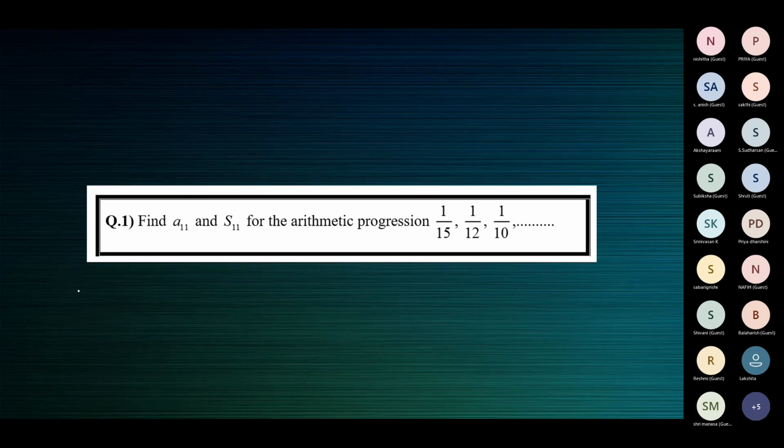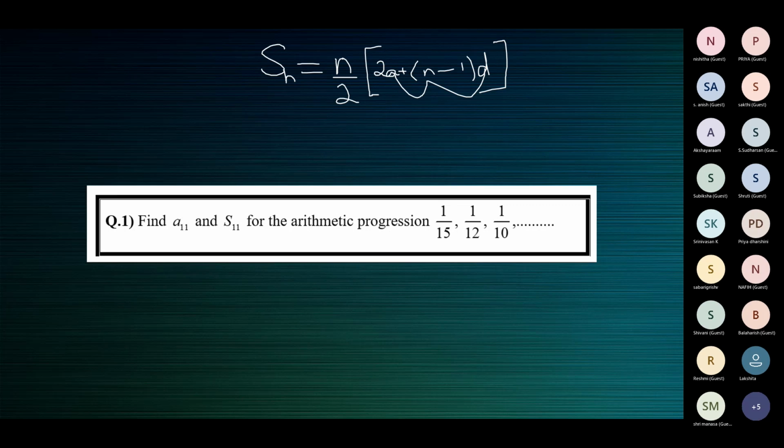Another formula also, the Sn formula. Sn is equal to N by 2 of the first term plus the last term, A1 plus An.